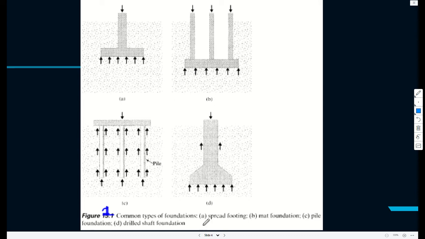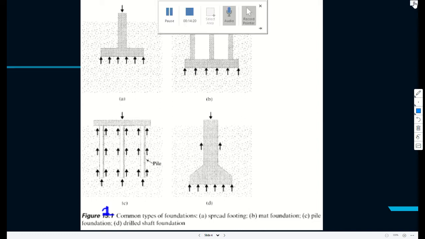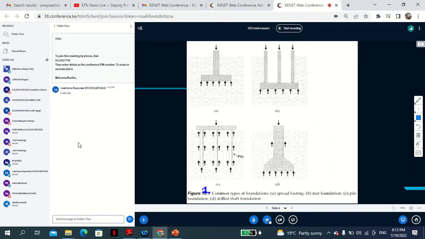But from my end, I can't see it. Anyone else who can't see? Class rep. So, what should I do? Me, I can see from my end.